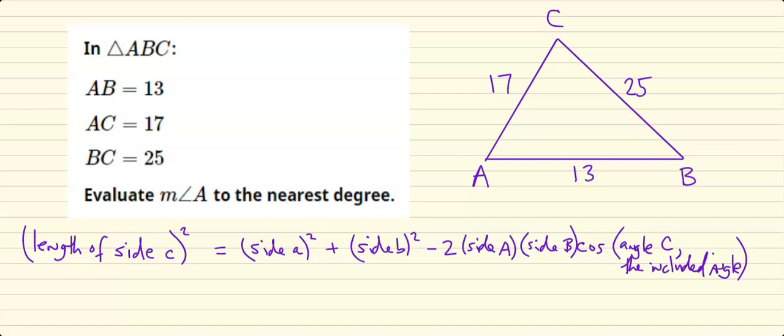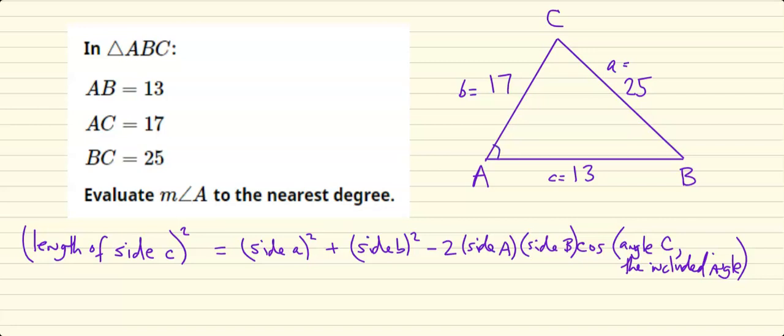So I'm just going to kind of standardize some of the labeling here. We have side A, little a. Across from angle B, we have little b, and across from angle C, we have little c. So we could change this around and say I want to find angle A instead of angle C. So I want this one right here.